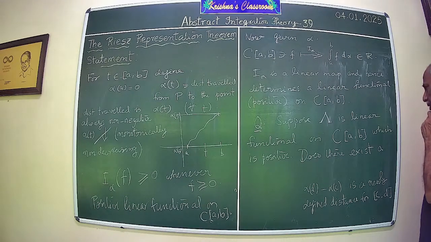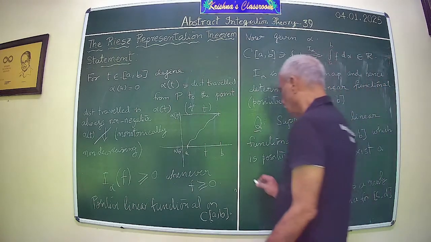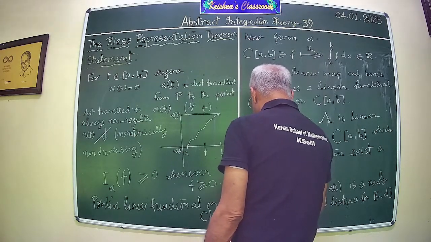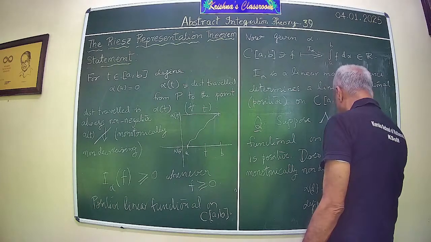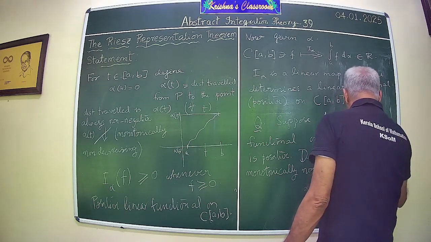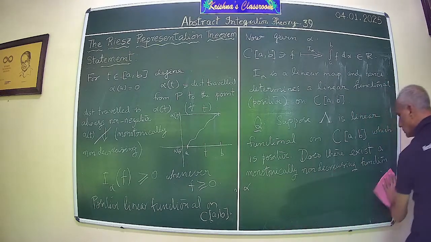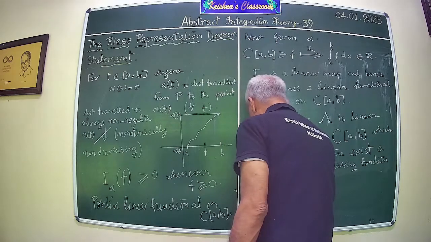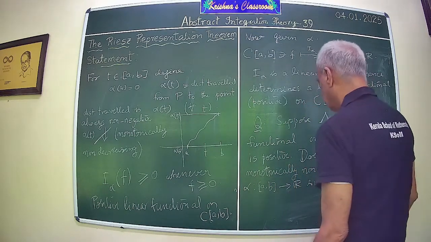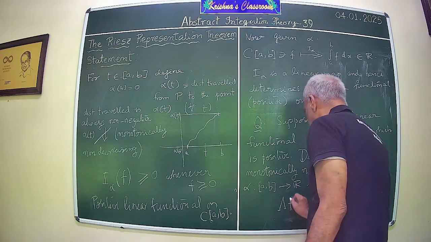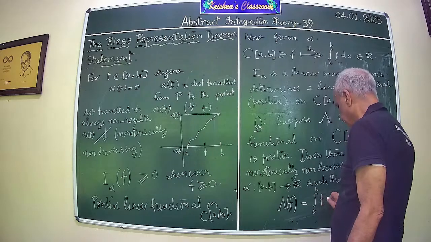So the question that you ask is, given lambda, does there exist a monotonically non-decreasing function alpha such that lambda f is equal to the integral from a to b of f d alpha.